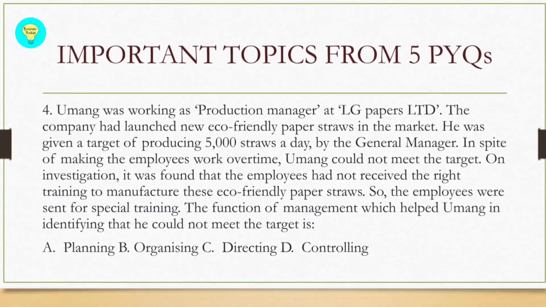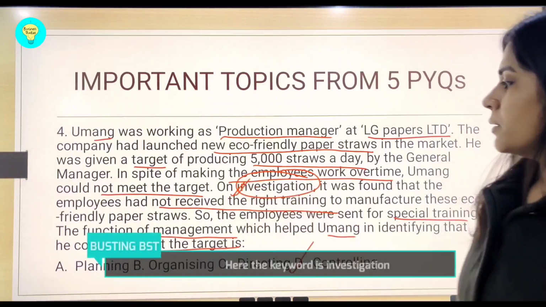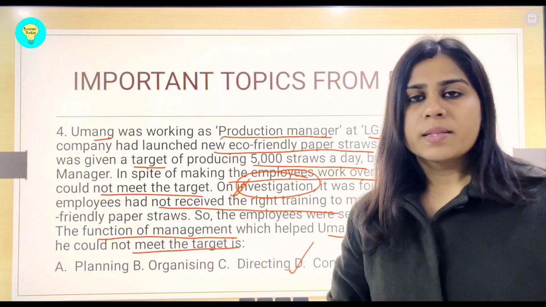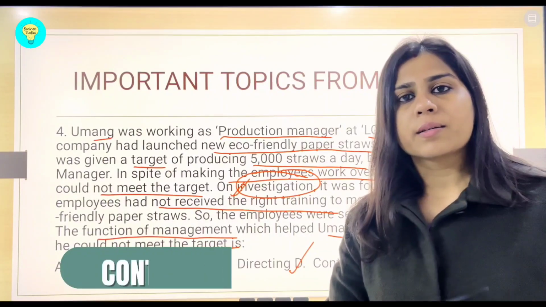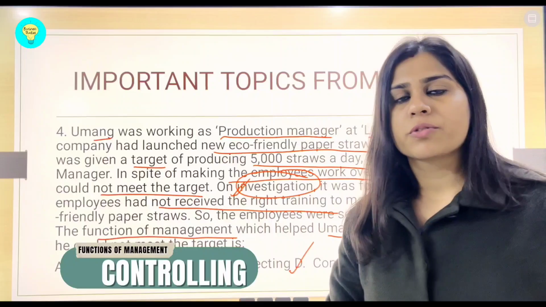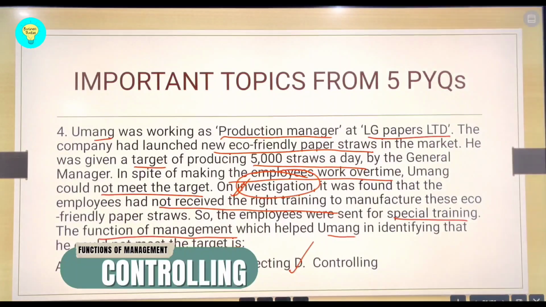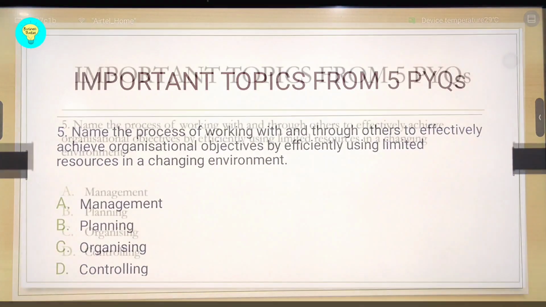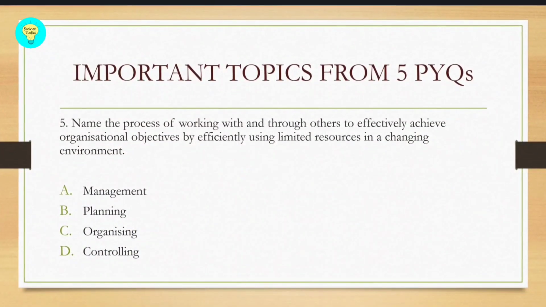So as we can say here, the keyword is investigating, which means we are monitoring the progress and we are seeing where we stand against the yardsticks of accomplishment of organizational goals. So it is none other than the function of controlling. In another case study, this is a straightforward question.